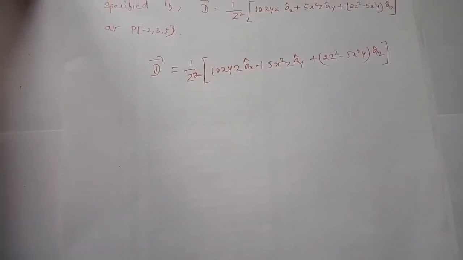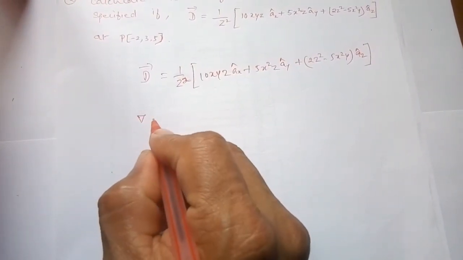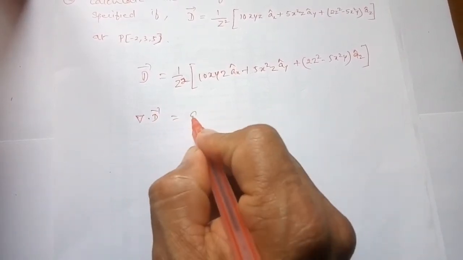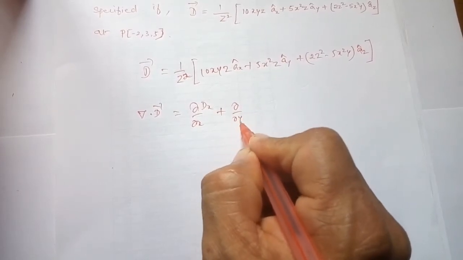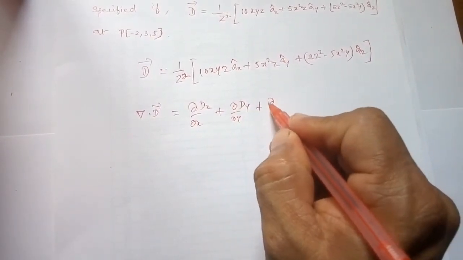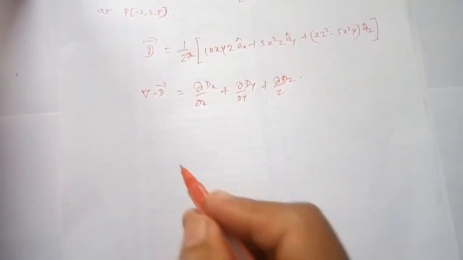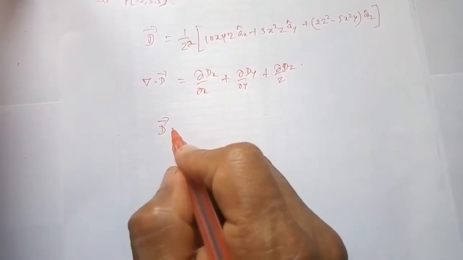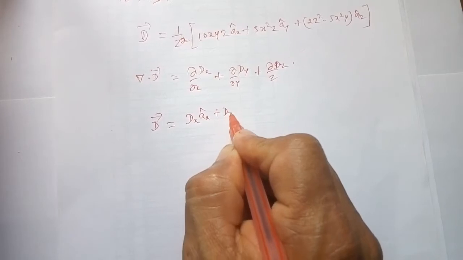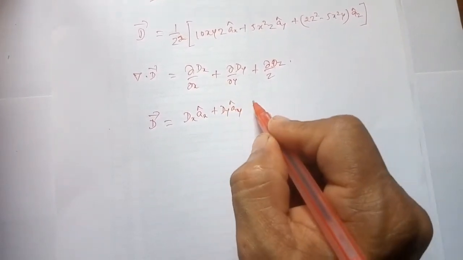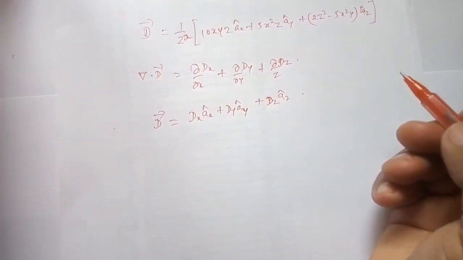As we know from the previous problem, del dot D is dou by dou x of the Dx component plus dou by dou y of the Dy component plus dou by dou z of the Dz component. For understanding purposes, I will write D as Dx ax cap plus Dy ay cap plus Dz az cap.